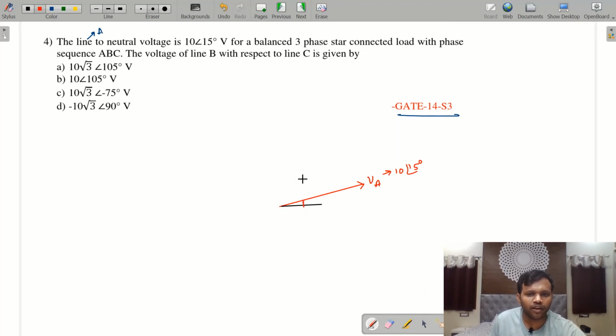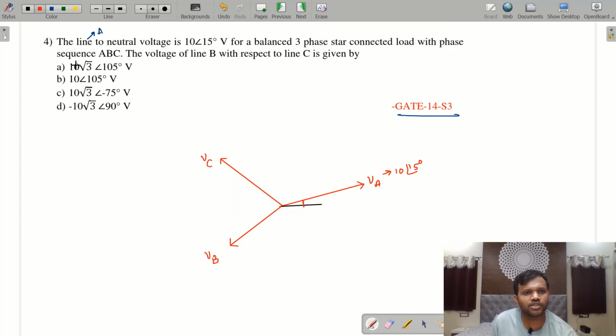Next, similarly I can draw the phasors of VB and VC, okay, VB and VC, right.